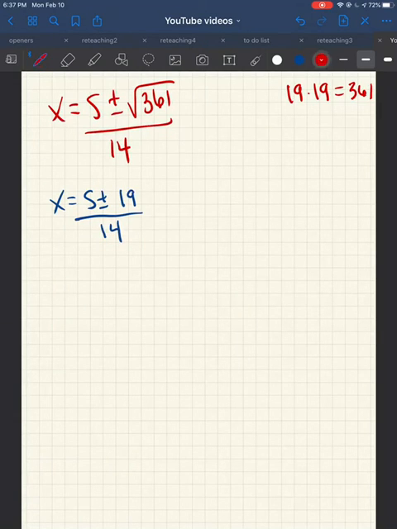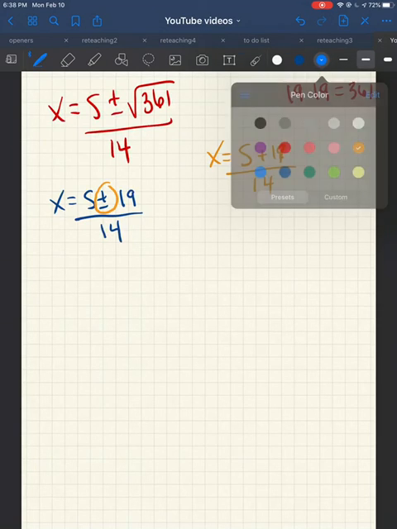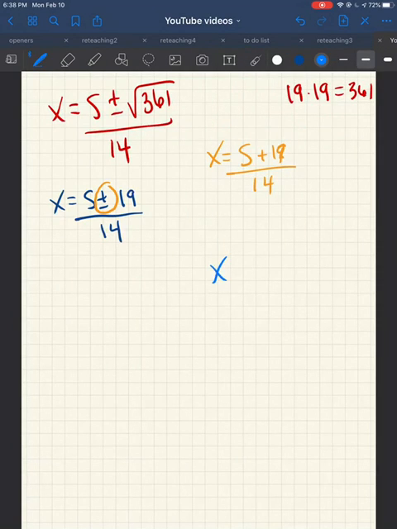Okay, so I'm going to break this off into two different solutions. So I'm going to have x equals negative 5 plus 19 divided by 14, and then I'm going to have x equals negative 5 minus 19 divided by 14.